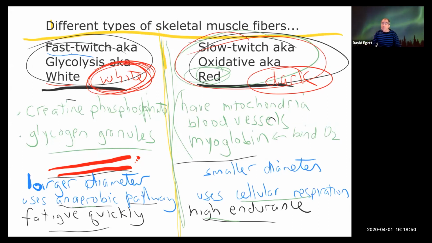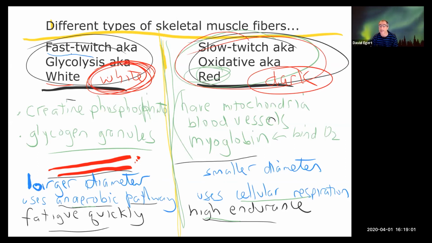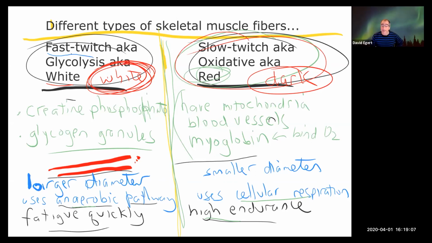If you think about other birds, has anybody ever eaten a duck? What does the breast meat look like in a duck? It's super dark and gamey. Exactly. Because if you're a duck, those muscles that run your wings have to be endurance, because you're spending a lot of your time flying and migrating from place to place.